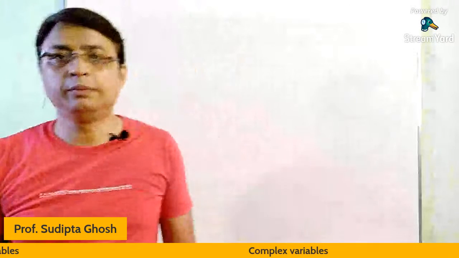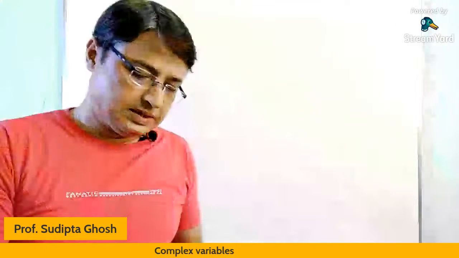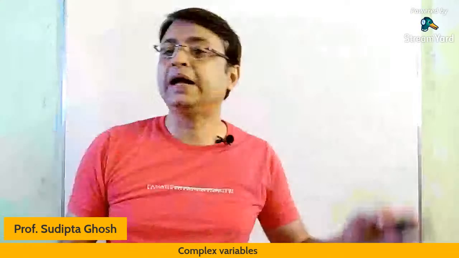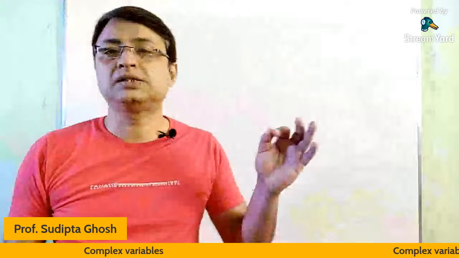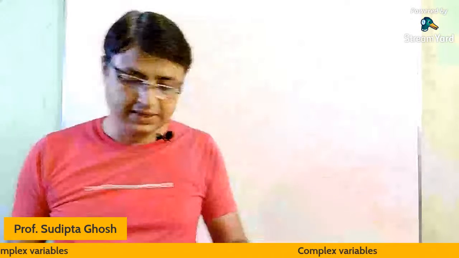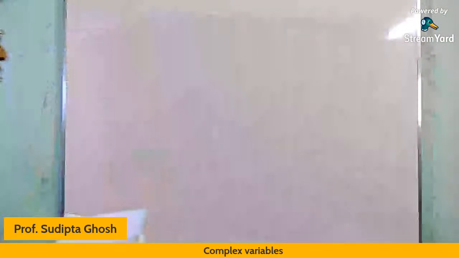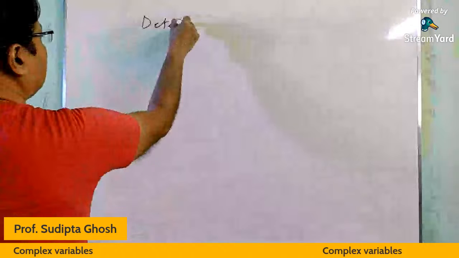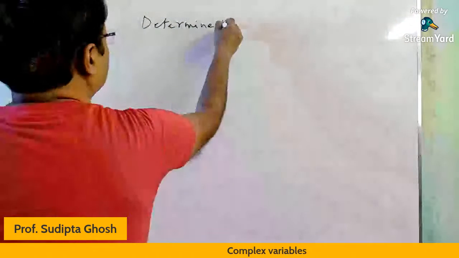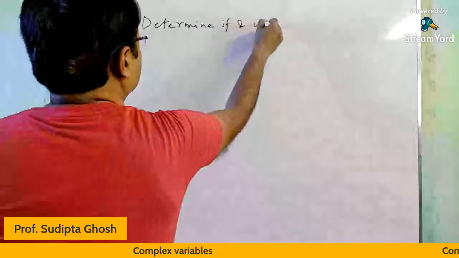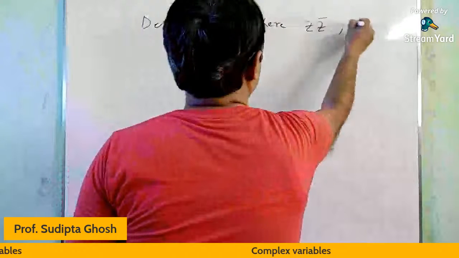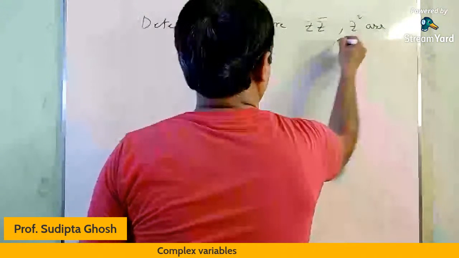to problem number 1. The first problem is: determine if and where the functions z, z prime and z square are analytic. So what is the problem? The problem tells us to determine if and where the functions z, z prime and z square are analytic.